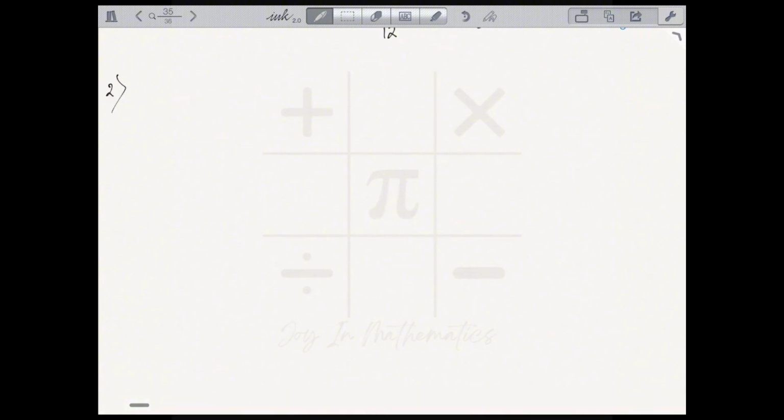That's question 2. We are given that the distance in meters is given as x equals 20t minus 5 over 3 t squared. The unit is in meters.